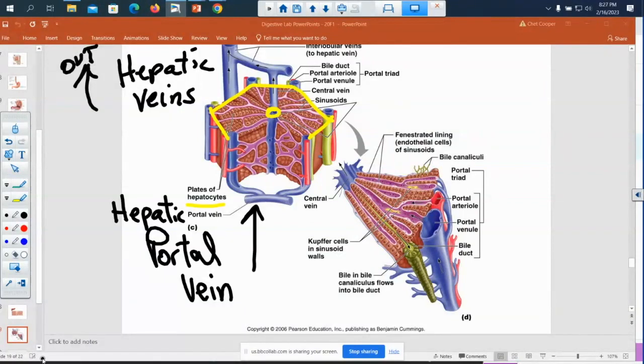So this perspective is really something you should get from A&P, is that the veins that leave your guts, they want to filter before they send that blood to the heart, right? So let's think about this. You're absorbing all your nutrients into your guts, into the blood, and those nutrients get into the veins, and they want to get filtered before they go circulating through the whole body. So we send them up through the liver, we detoxify them, we clean them up a little bit, and then we send them to circulate.